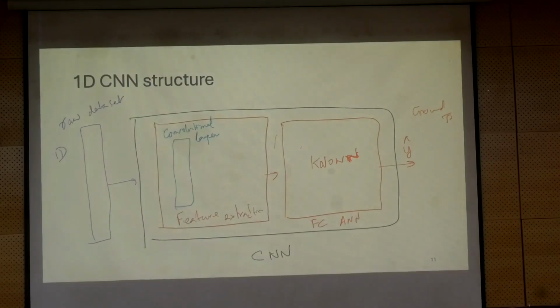Convolution operation means you take this signal, multiply and shift with another signal and add, right? I will explain that in a minute. Once the convolutional layer is completed, then usually there is another layer which is called a pooling layer.